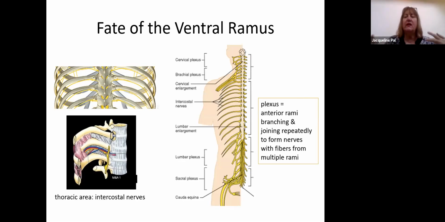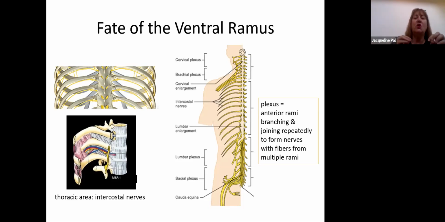And eventually you will end up with nerves where the fibers for one nerve are not coming from one spinal nerve, like they're doing for the intercostal nerve, where the spinal nerve coming out underneath T5 becomes the intercostal nerve going underneath the fifth rib.